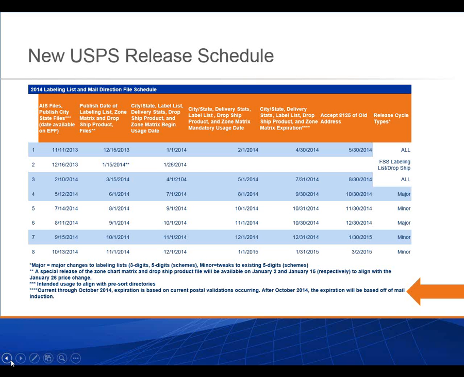Off the top of my head, I'm not sure what the exact deployment date of that October release is, but the answer is when they deploy that new release of Postal One in October, that's when it's going to go into effect. I want to say it's either the 2nd or 3rd week of October that the change takes place.